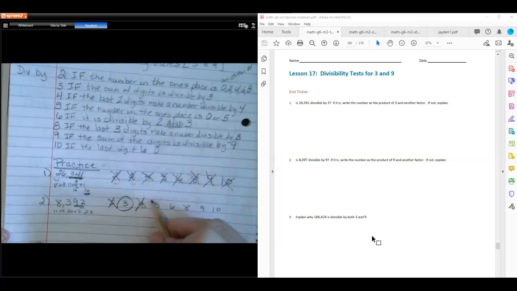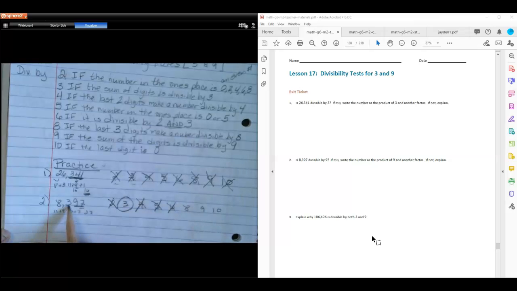5. Nope, the rule is there, and it's not a 5 or a 0. 6. Can I divide by both 2 and 3? No, so not 6. 8 says we look at 397. Well, 8 goes into 39 4 times. That's 32 with 7 left over. 8 goes into 77.